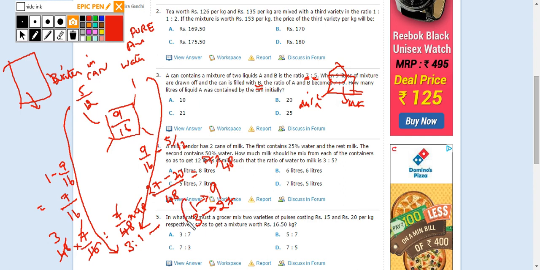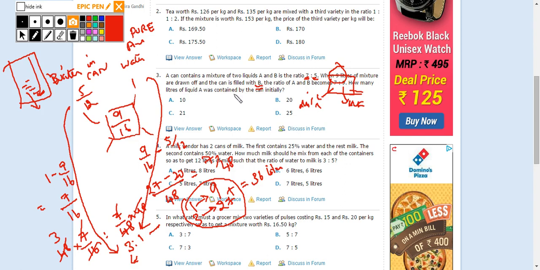So initially the can is going to contain 27 plus 9, right? Because 1 is actually the replaced part. This 3 actually represents the part after replacing, and this 1 is actually the replaced part. So the total is actually 36 liters of solution.